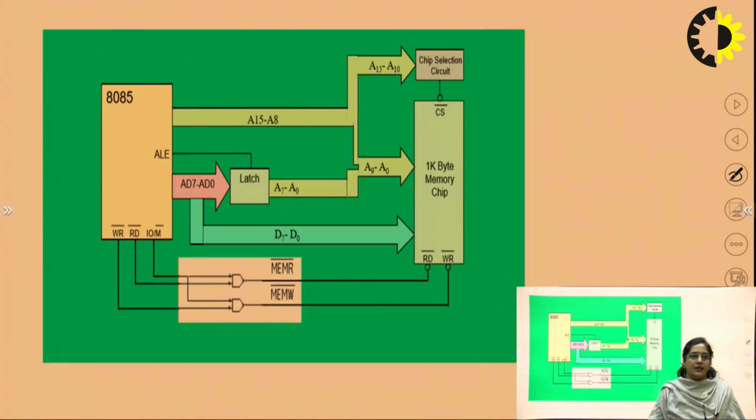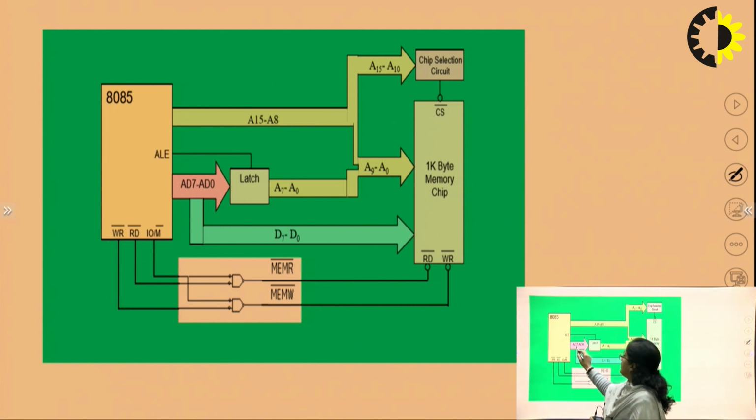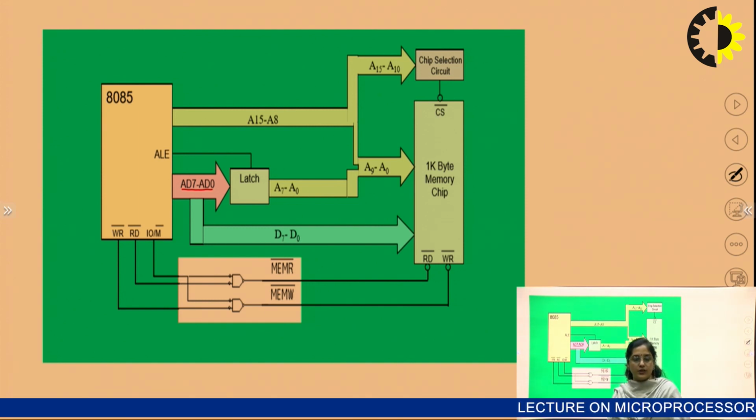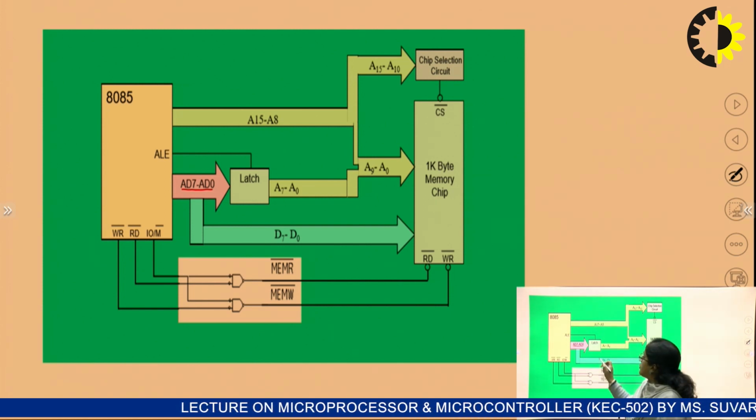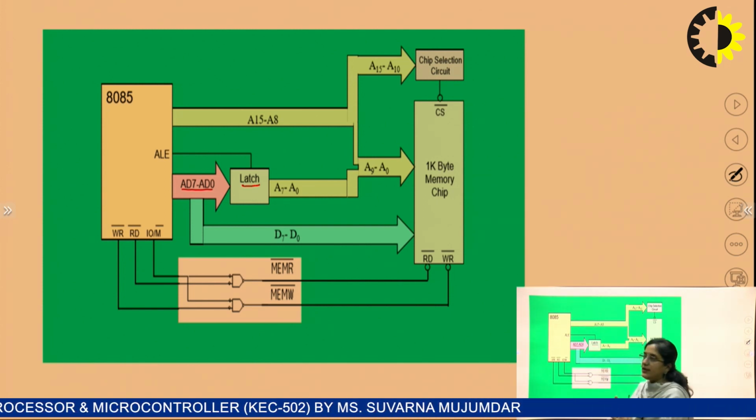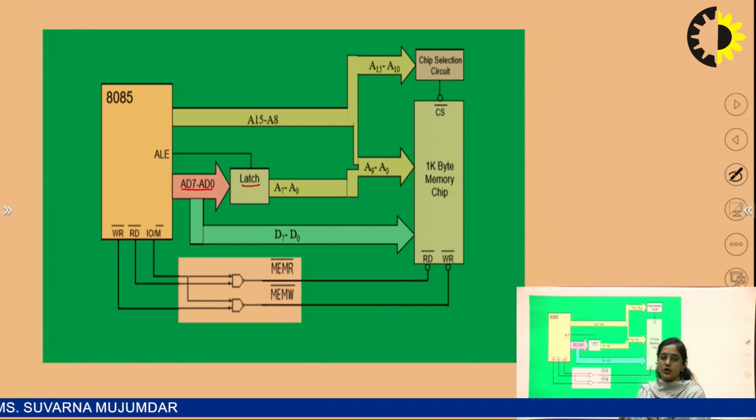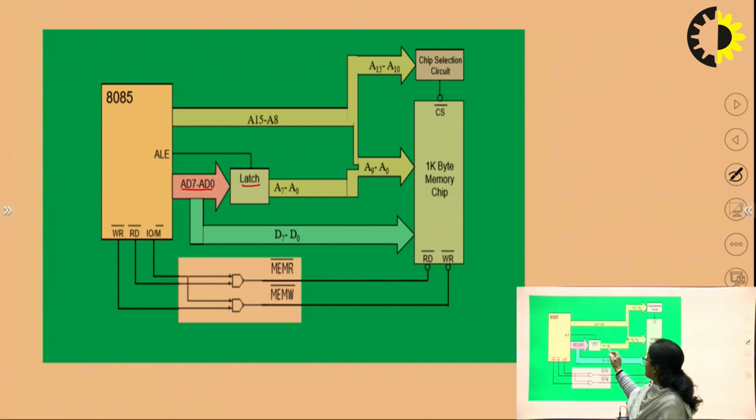So this is the diagram where we can see the interfacing. In 8085 we have multiplexed address and data lines. AD0 to AD7, the lower order address lines, are multiplexed with data lines. So we need a latch which can demultiplex the lower order address lines and data lines. After the latch we have separate address lines and separate data lines.